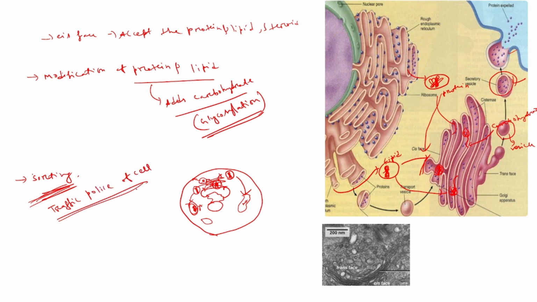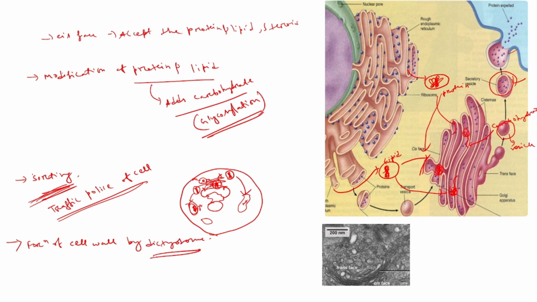Like the traffic police decides which side the people should go to, the Golgi also decides which molecule or protein should go where. So this is the main function of the Golgi, and along with that it helps in the formation of the cell wall by the dictyosome.